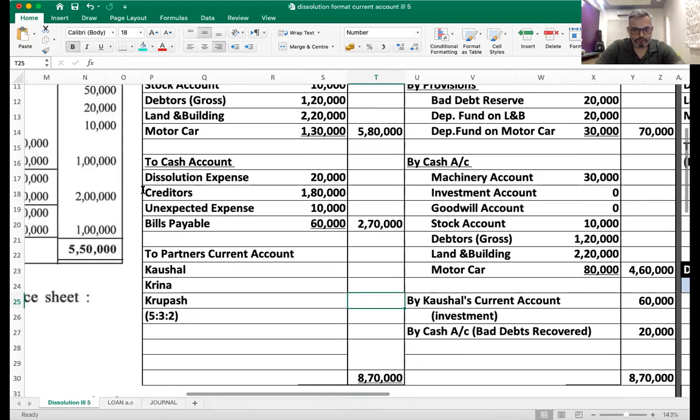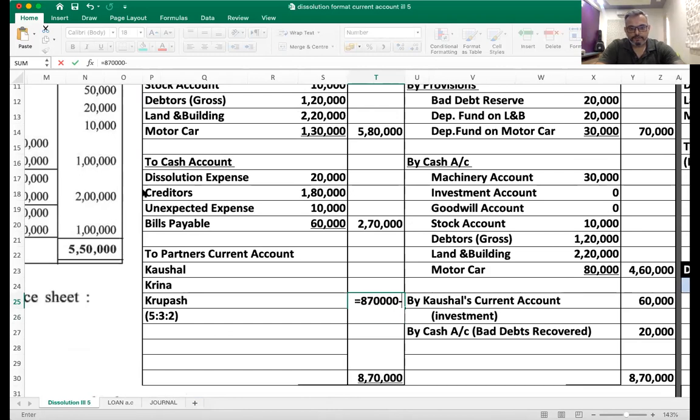So it comes to 20,000. Or you can do it manually: 8 lakh 70,000 minus 5 lakh 80,000 minus 2 lakh 70,000, 20,000. This 20,000 goes to Kaushal, Krina, and Krupanj in the ratio 5 is to 3 is to 2. So 10,000, 6,000, 4,000.